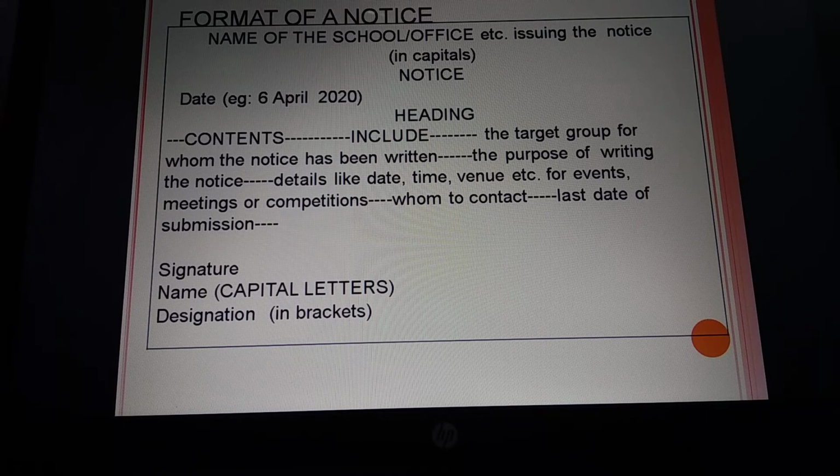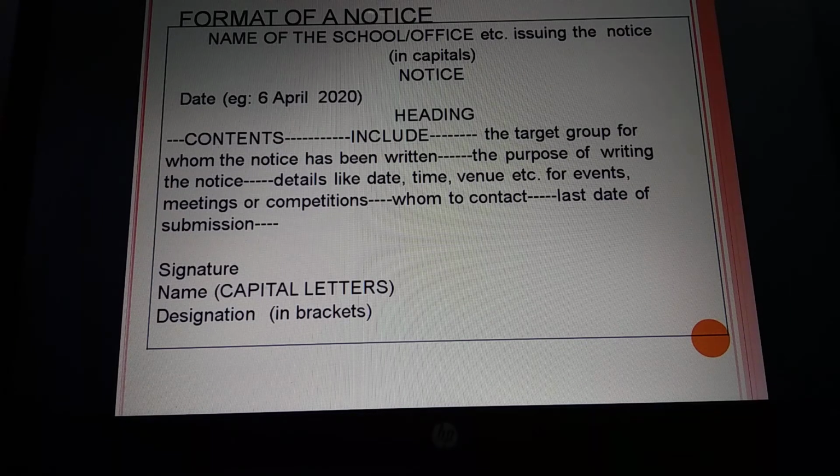Brief and eye-catching. Next is the content, the main part of the notice. And here you must mention the target group first for whom you are writing the notice. Then the purpose of writing the notice, whether it's an event, a competition, an invitation, or a trip being planned.